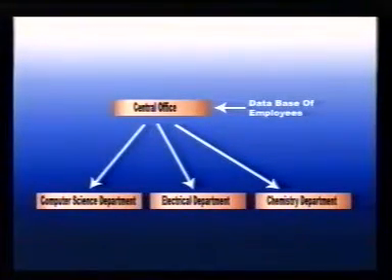So, the administrative section can also access this database and the departments also can access this database, and the kind of information that these departments can get from this data can be limited with the help of passwords and the amount of control which is to be given to the department.